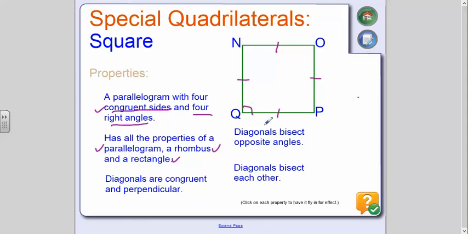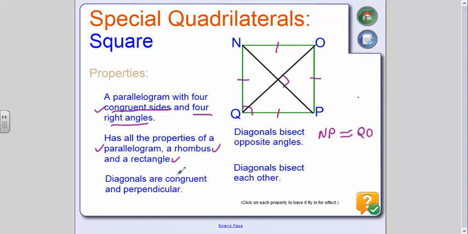The diagonals are again congruent, so we'll do our diagonals again, and we're going to go N to P and Q to O, and so we're going to say that NP is congruent to QO, and it's perpendicular. So again, you've got your 90 degrees all the way around.